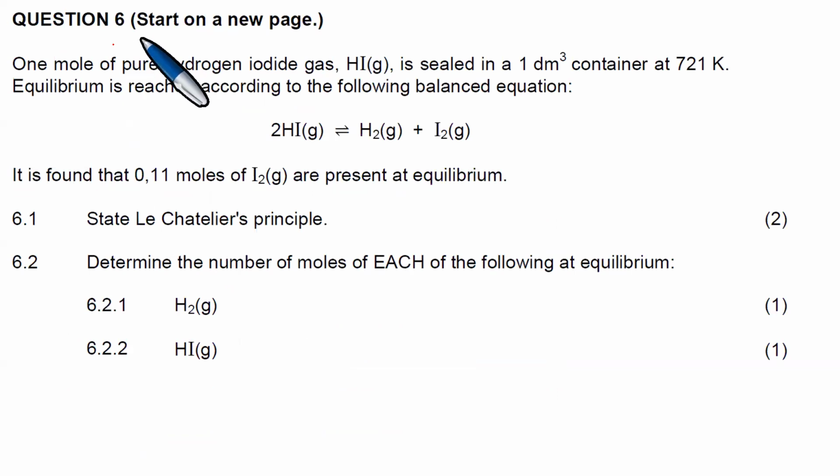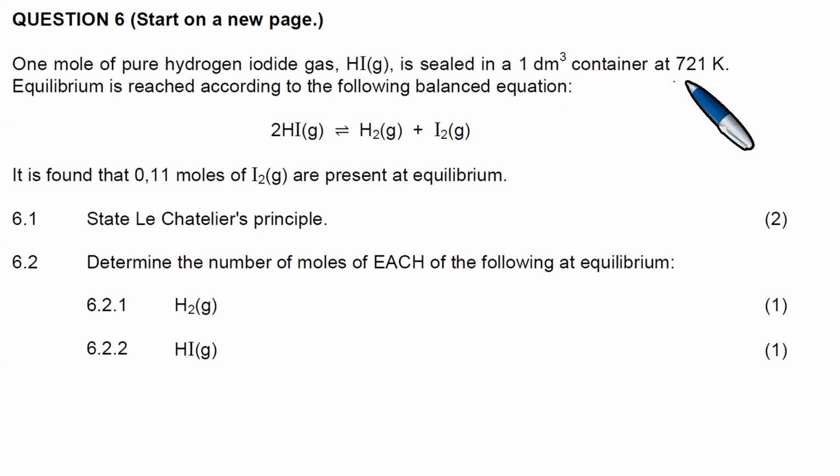Question 6. 1 mole of pure hydrogen iodide gas, HI gas, is sealed in a 1 decimeter cubed container. Now let us analyze this.